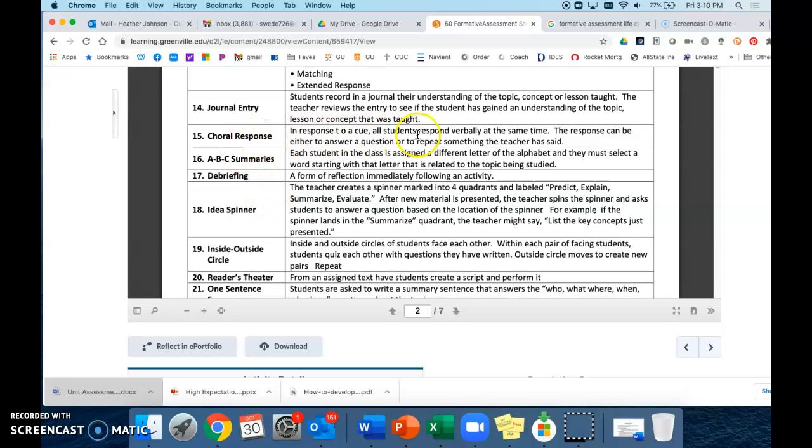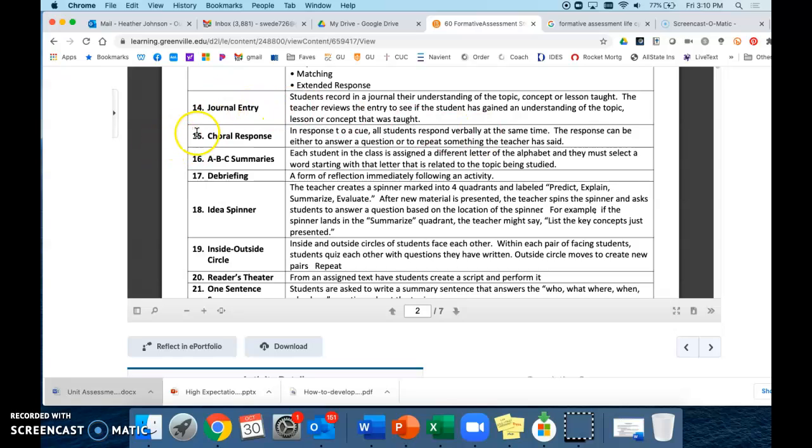Choral response. This would be something where you're at circle time and the students are sitting around you and you hold up a picture and you might go through the stages again. Or maybe you're reading a book together and you read a line of the book. The pumpkin grows from a seed, and then the students repeat after you, and then you read it together.